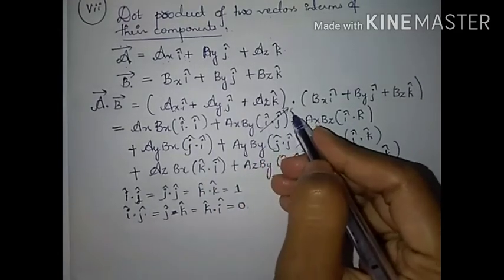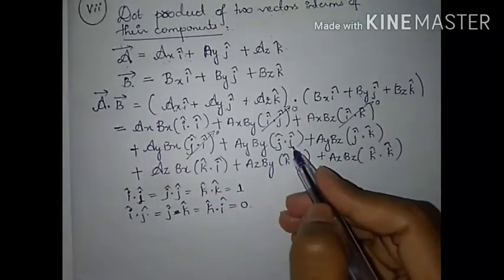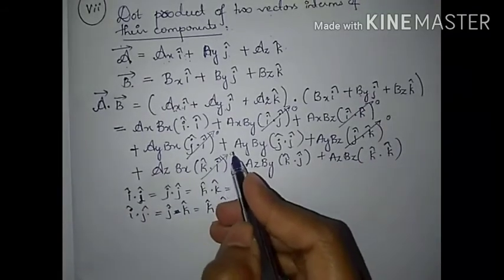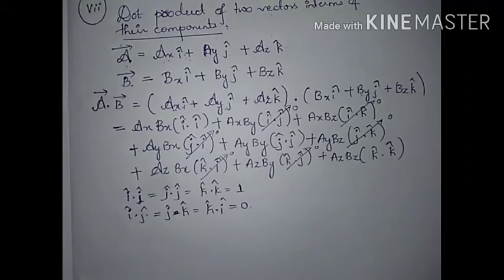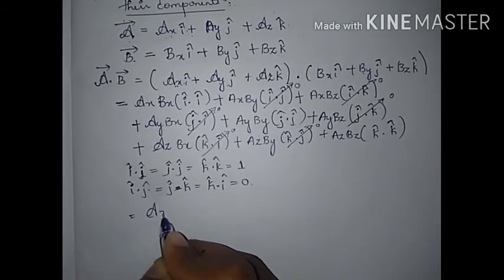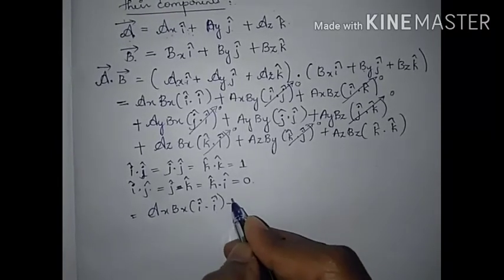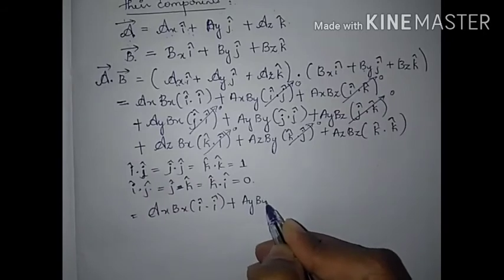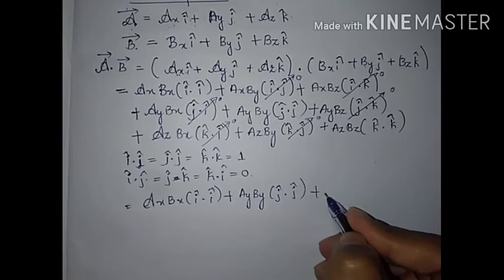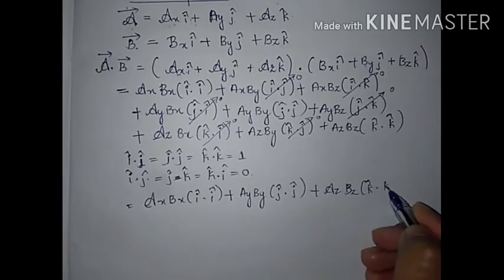So these terms are 0, and what is left is Ax Bx i dot i plus Ay By j dot j plus Az Bz k dot k.